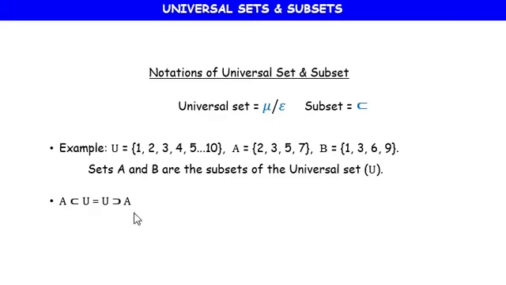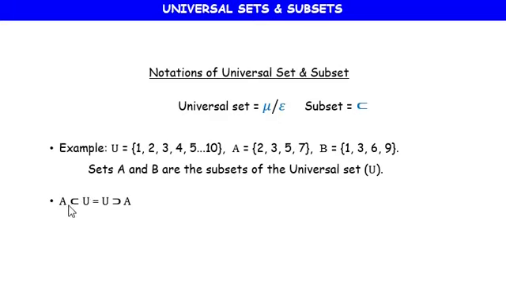Now we can rewrite it in a different way. You bring the universal set first, then you invert the symbol, so you flip it such that the pointing end faces the A, while the open end is facing the universal set.